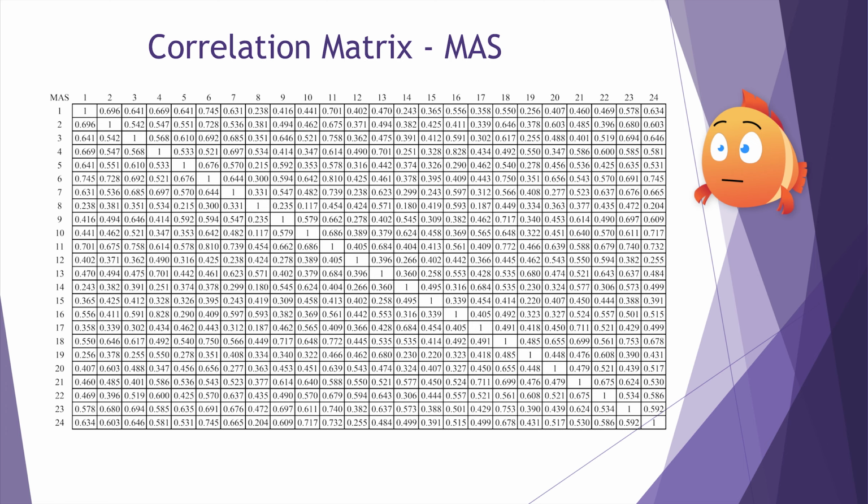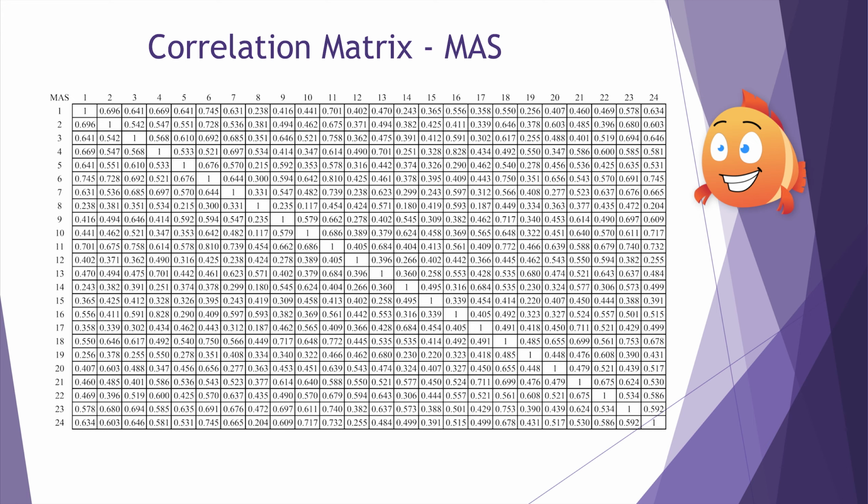Now, to illustrate just the enormity of this data problem, I've included here a correlation matrix for a 24-item test. What this illustrates is the correlation between every single item with every single other item. Across the diagonal is 1, because when you correlate something with itself, it's 1. You can look at either the bottom triangle or the upper triangle, they're symmetric.